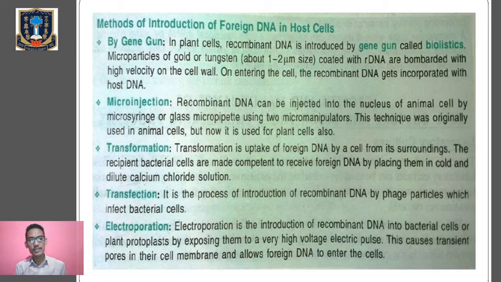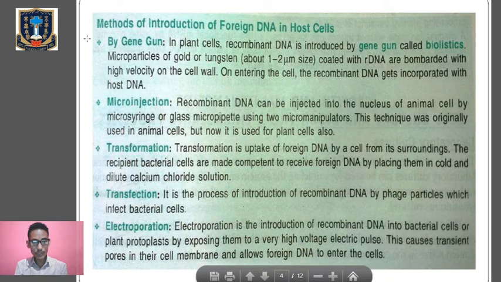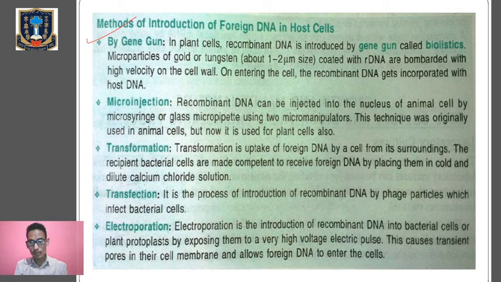The first one is the gene gun method, which is also called the biolistic method. In this method we mainly transfer the recombinant DNA into plant cells. Remember, the gene gun method is mainly employed in the transfer of recombinant DNA in plant cells.